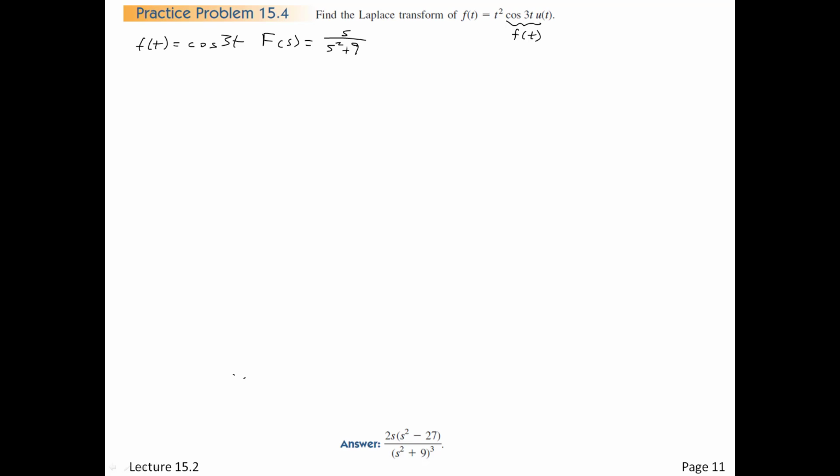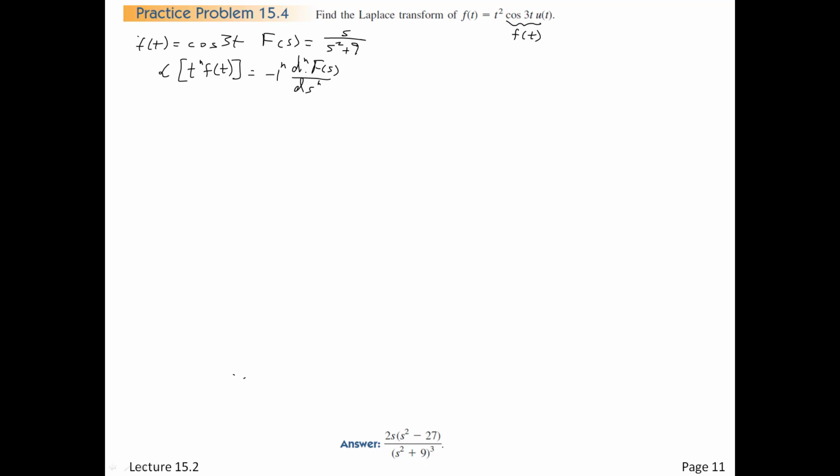Now, we'd like to get the second derivative, right? We know that the Laplace transform of t to the n times f of t will just be minus 1 to the n times the nth derivative of f of s with respect to s.